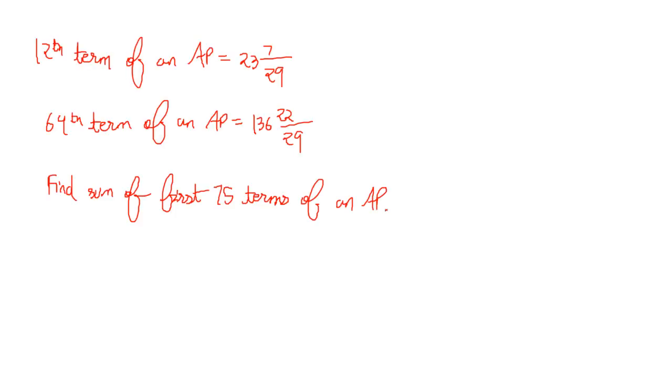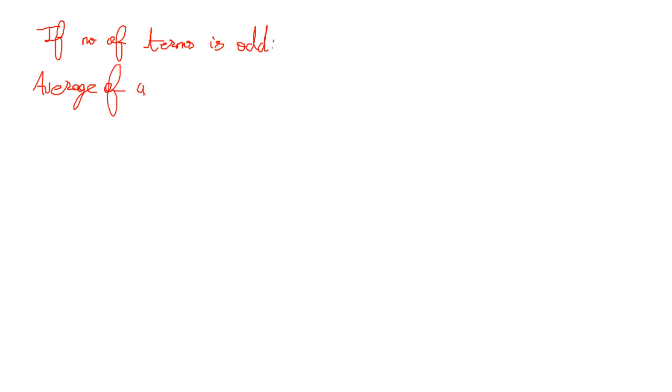First thing that you have to learn is, they are talking about 75. 75 is odd. So if your number of terms is odd, the average of an AP is the middle term. And how do you calculate the middle term?